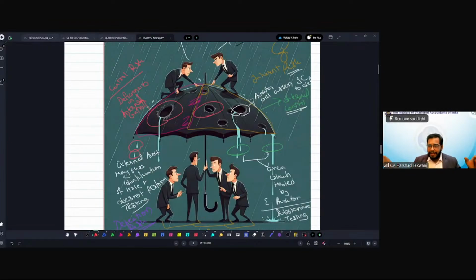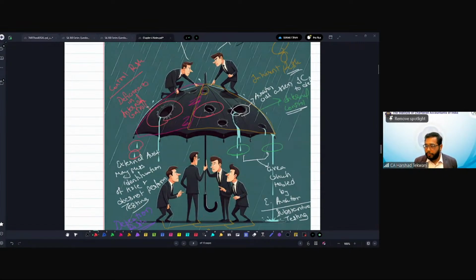I can say the umbrella is a control, and its purpose is to prevent the rain from getting the person wet. Now there is a risk that the umbrella might not be able to prevent the rain from reaching that person, that the umbrella might not be sufficient. For example, in some cases the umbrella is smaller.